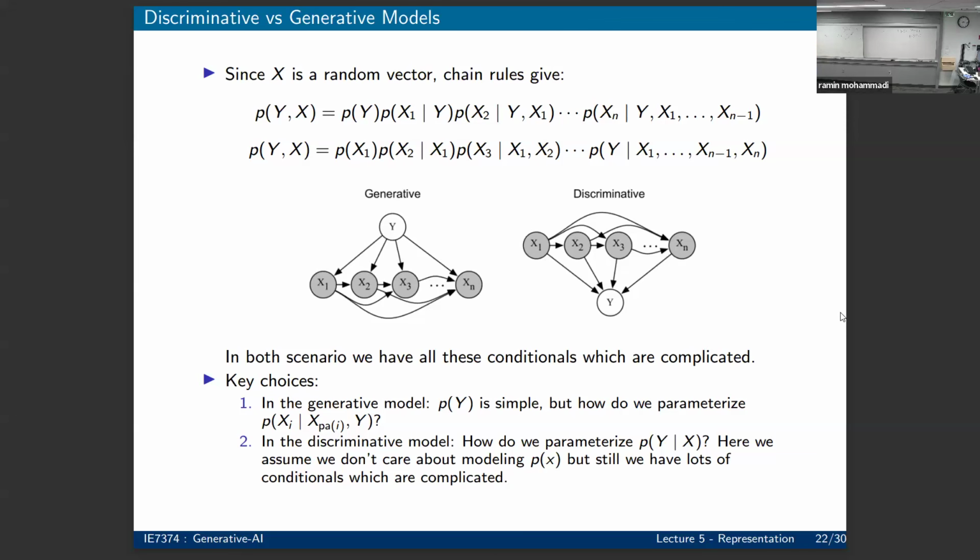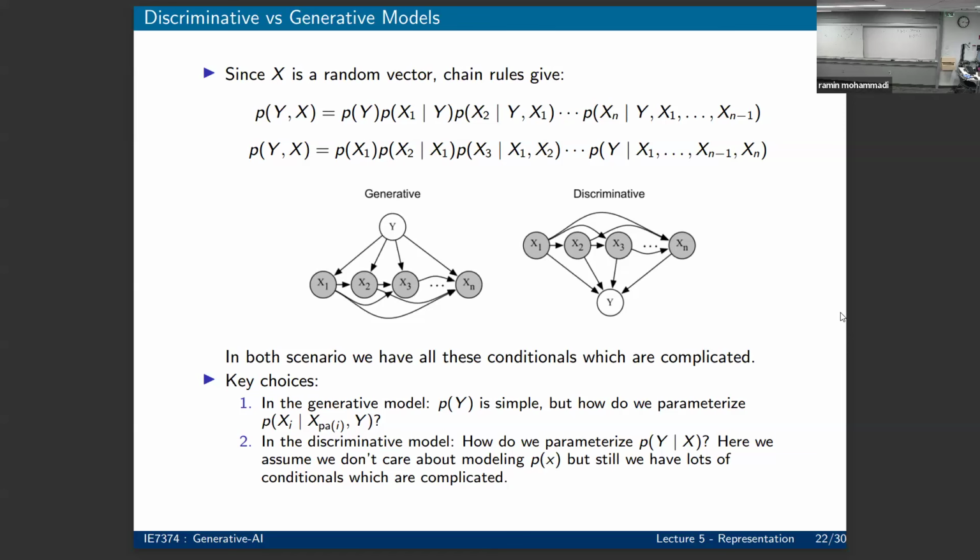These conditionals are not that easy to calculate. That's the challenge that we have. All these conditionals are really difficult to find, and as we go through different algorithms, we will see that we try to somehow overcome this challenge, because it's not that tractable to calculate this information, okay?